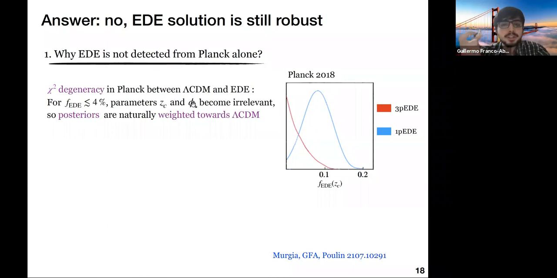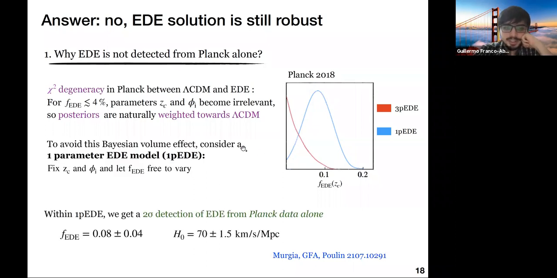And in terms of chi-square, we get the same predictions as lambda CDM. So this leads to posteriors that are more naturally weighted towards lambda CDM. And this is something that we can see here in this red curve, where we are showing the constraints on the fraction of early dark energy using the 3-parameter model that I was mentioning before. And we see that the best fit value is very close to the 2 sigma exclusion limit.